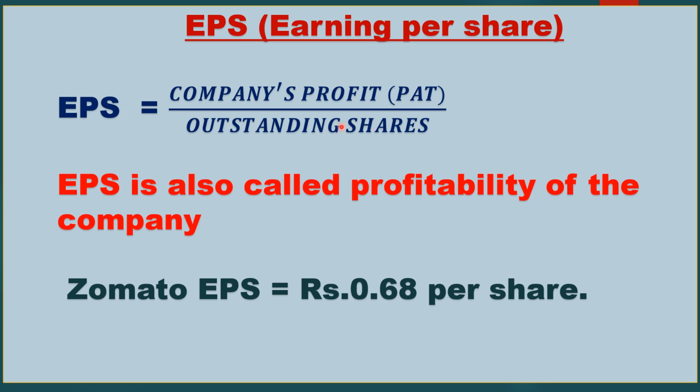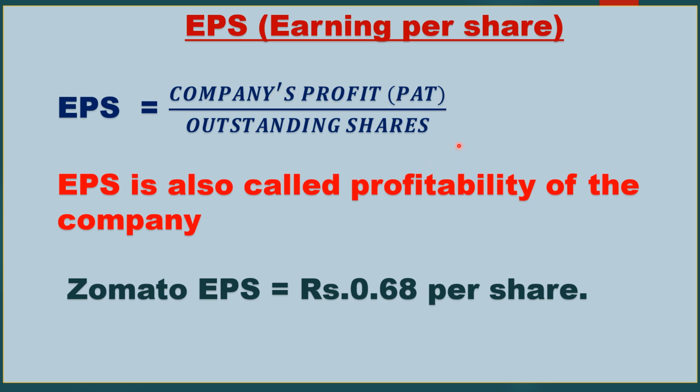It is the ratio of the company's profit to the outstanding shares. Now, what is the company's profit? It is how much the company has earned as profit after tax, after expenditure, everything. This is the company's profit.